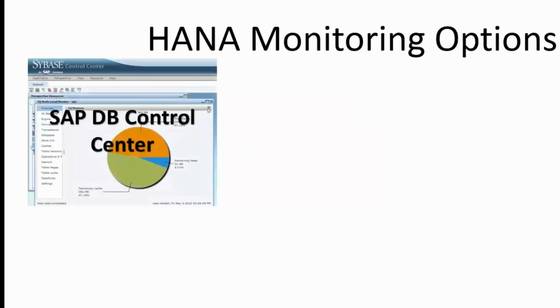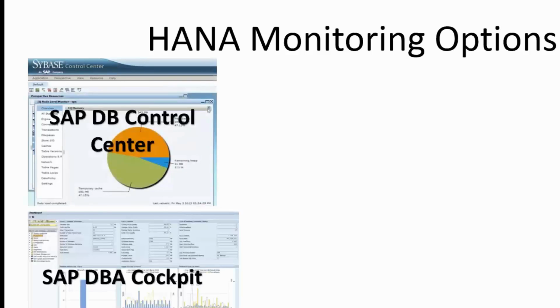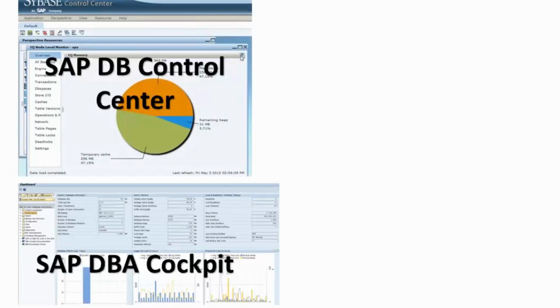What are the options available? HANA monitoring options, there are plenty. Today, SAP has a direction. This is one of the new announcements they're doing: they are going to provide SAP DB Control Center. It's kind of the centerpiece for monitoring the databases. The existing DBA Cockpit, most SAP basis people are aware of this tool.